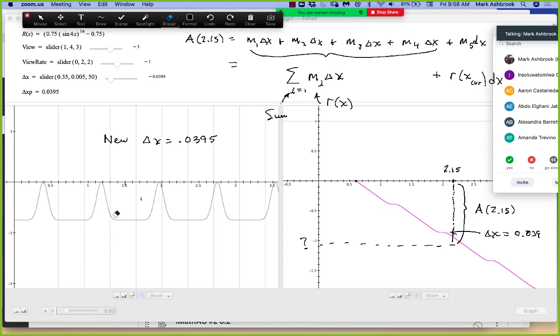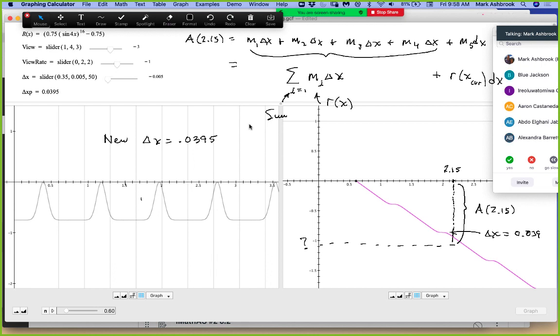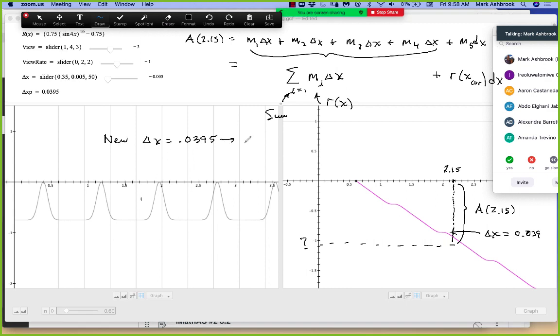And now I'm going to go to what we're going to just call essentially really, really small, which is 0.005. So now the new delta x is 0.005. And we'll watch them both at the same time. So we're going to watch the approximate rate function emerge and the approximate accumulation function likewise be generated. So here we go.